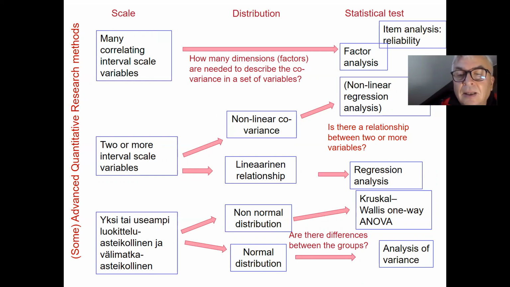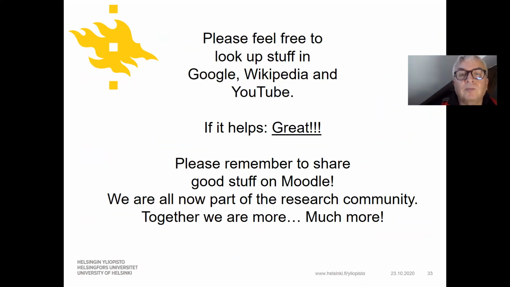The idea here is that if it's normal, we use analysis of variance. And if it's not, we have the non-parametric variant, which is a Kruskal-Wallis one-way ANOVA. So here, not only difference between two groups, boys and girls, but between many groups. All right.